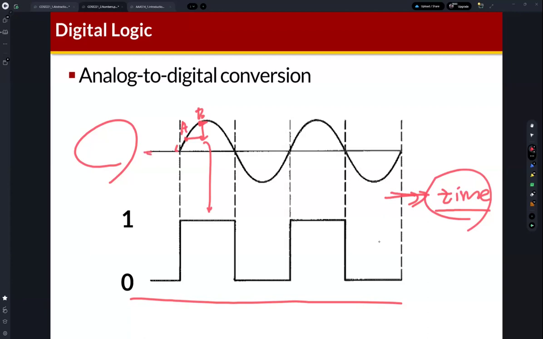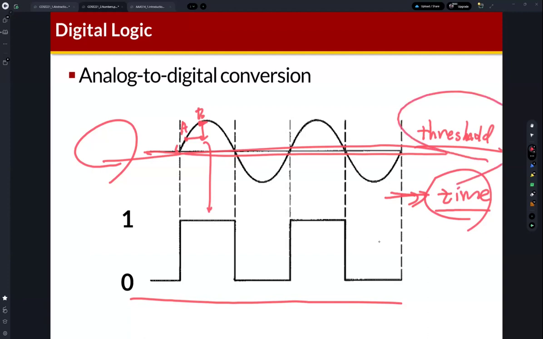The easiest way is to just set a threshold value. Based on this threshold value, we compare the value of the analog signal with it. If the analog signal value is higher than the threshold value, then we can say that this is the digital value 1.